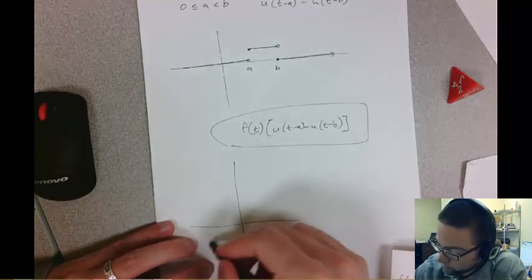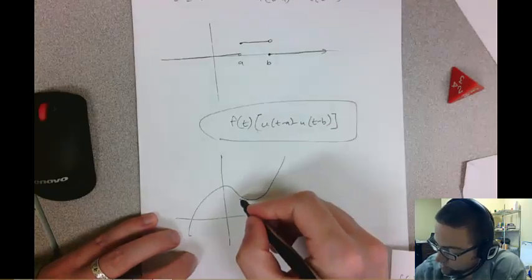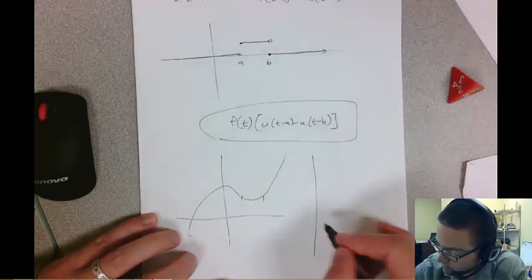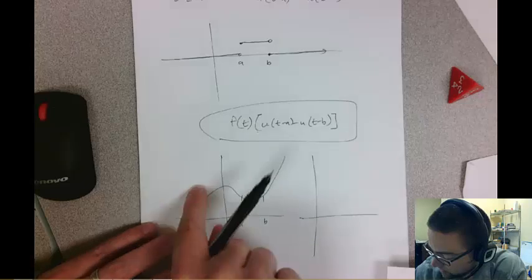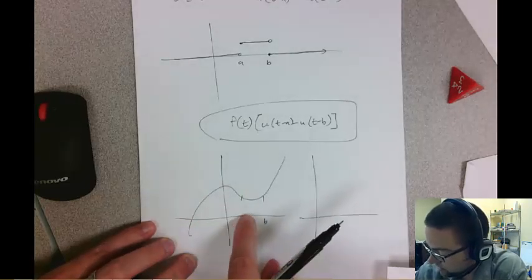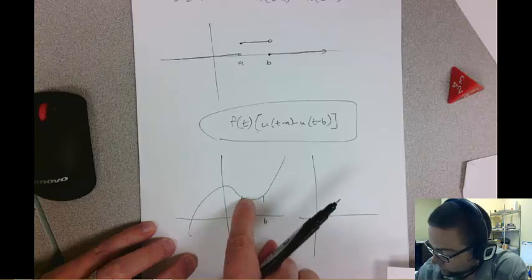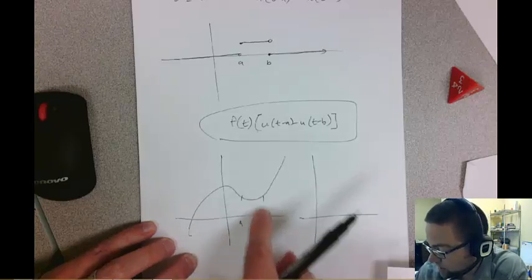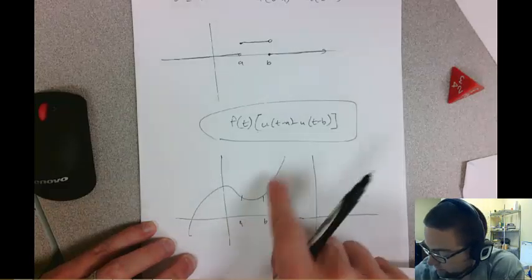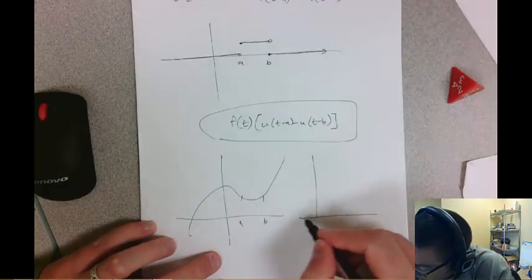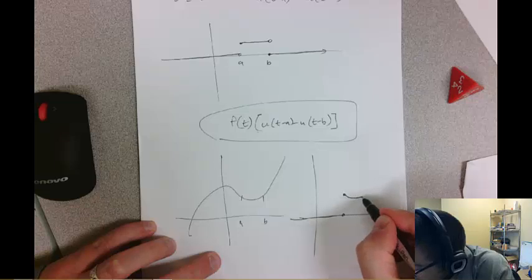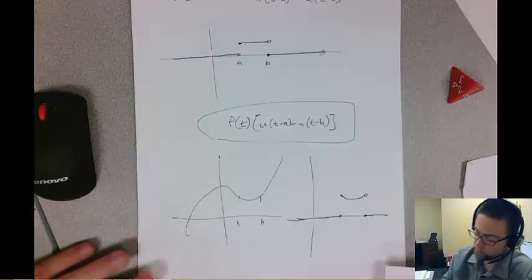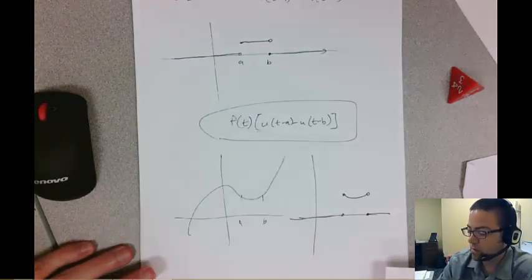If your function was something like that but you wanted to look at just some part of it, all of these numbers times 0 would just be 0, and then at this point it would be the function values times 1, which would just be the function values, all along those points, and after b it would be equal to 0 again. So it would look just like this. It's a good way to use little parts of a function if you need to.